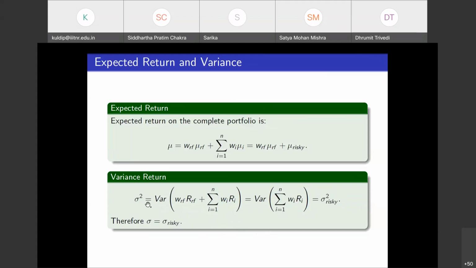That means the risk of the portfolio including the risk-free asset is the same as the risk of a portfolio without the risk-free asset, or just the risk that comes from the risky components of the portfolio.